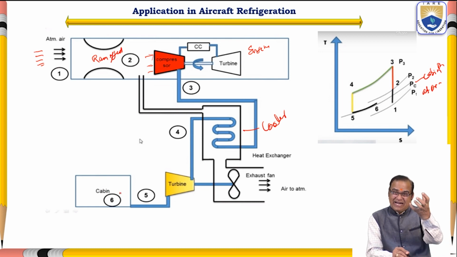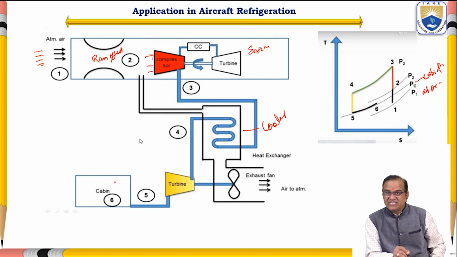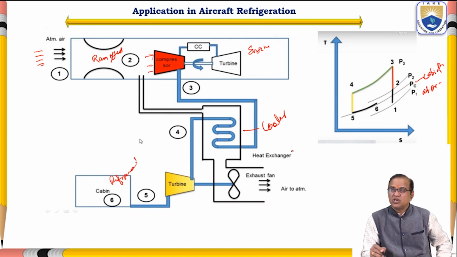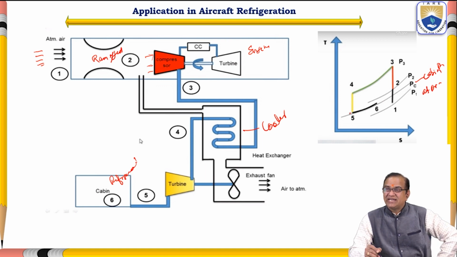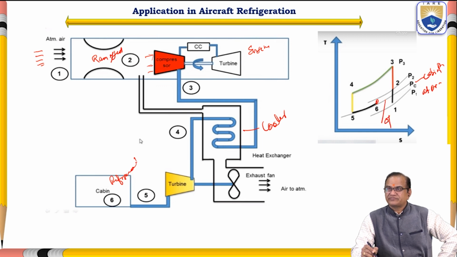Here it will take the heat. This is the refrigerator chamber. So here the heat is increased, and the temperature is increased from 5 to 6. It is an open cycle. From here, this air goes to the atmosphere.